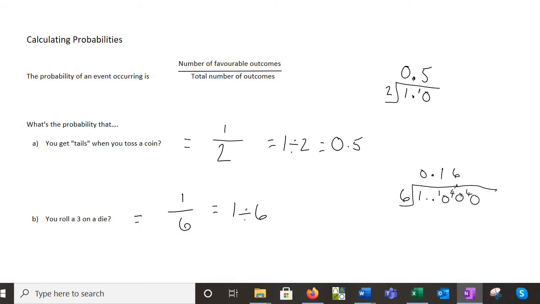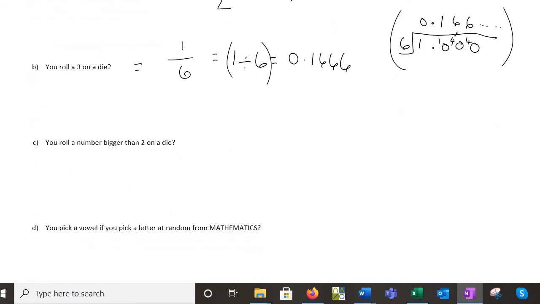So it's going to be 40 again. How many 6's in 40? 6, 4 left over. And we can see that this pattern is going to continue. So we've got 0.1666. But like I said, you might not need to do this. And if you do have to do that, you might get a calculator to do it. Read your question carefully.